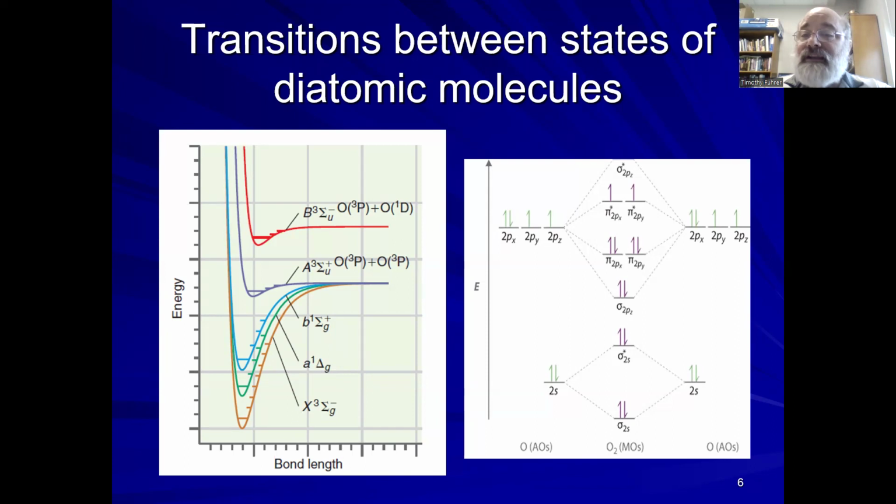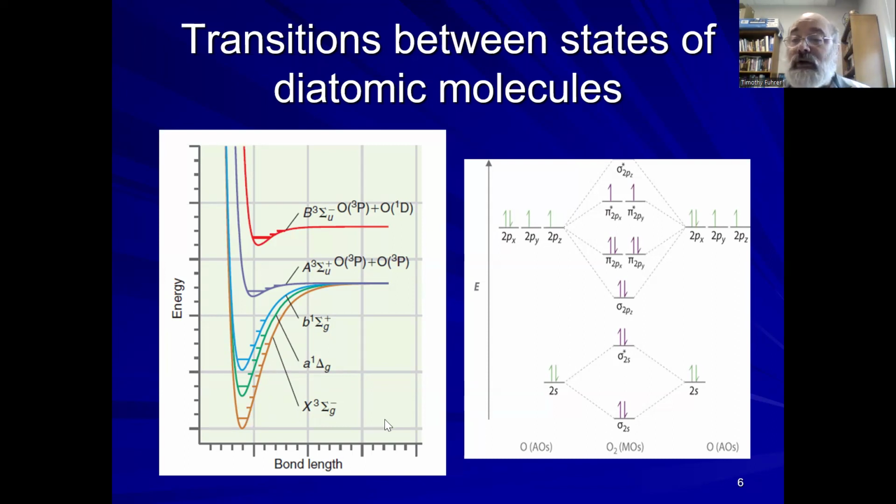And so that gets us into a discussion as to which transitions are going to be allowed, because one of our main selection rules is that no absorption of light will cause a change of spin of an electron. So a transition from triplet to singlet state is going to be forbidden. So we won't see this transition. We won't see this transition.